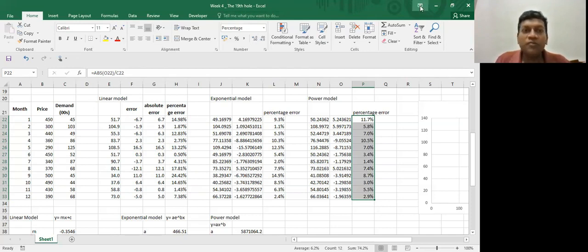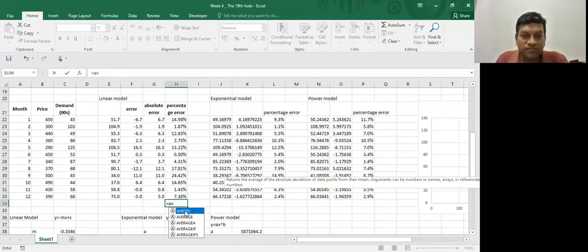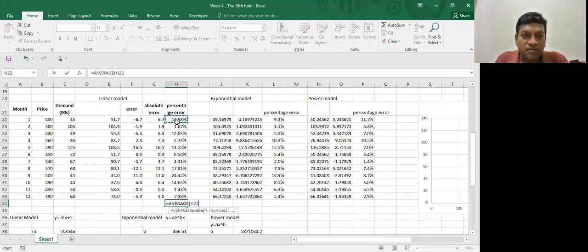Okay. Now the best one would be to find the minimum. I would find what is called the mean absolute percentage error, which is nothing but the average of this. Okay. And I use the function AVERAGE, and okay, this is important.